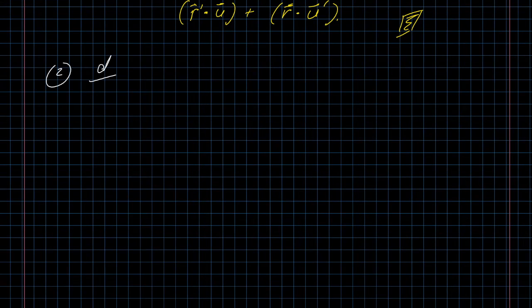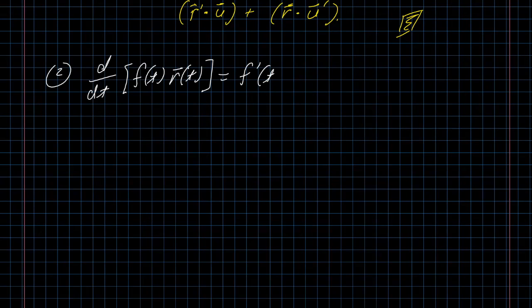in which case the derivative of f of t times r of t is f prime of t times r of t plus f of t times r prime of t.